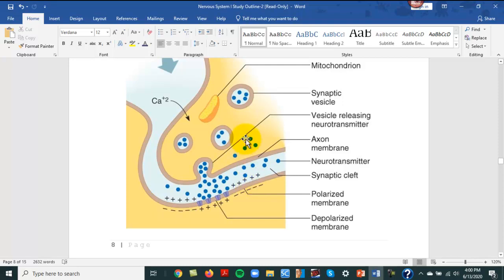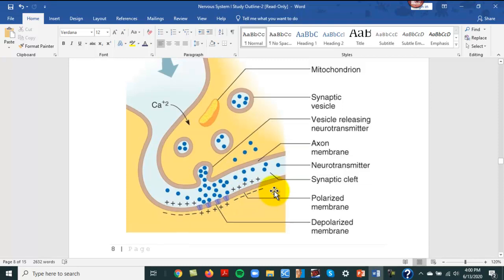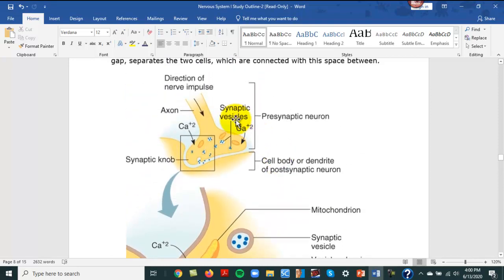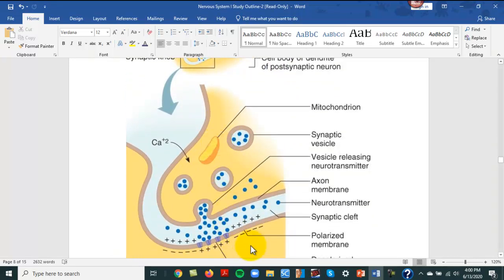It cannot cross it. It makes these little vesicles with the neurotransmitters move to the bottom. They release it into that space, and then they bind to receptors on what's called the postsynaptic neuron. So a lot of times you'll see this is called the presynaptic, and this is the postsynaptic.